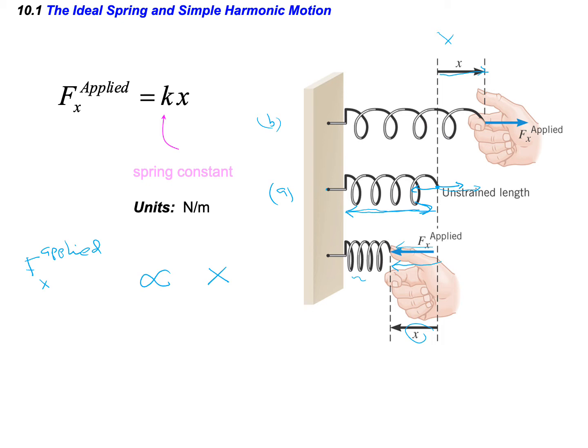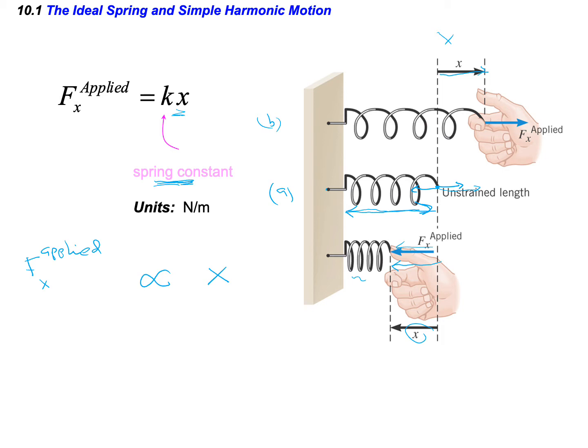So we can write an equation: applied force is equal to a constant times the stretch or compression length. This constant, we call the spring constant, which is a constant for a given elastic material.